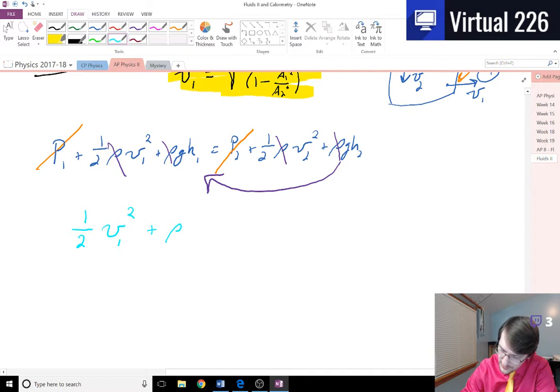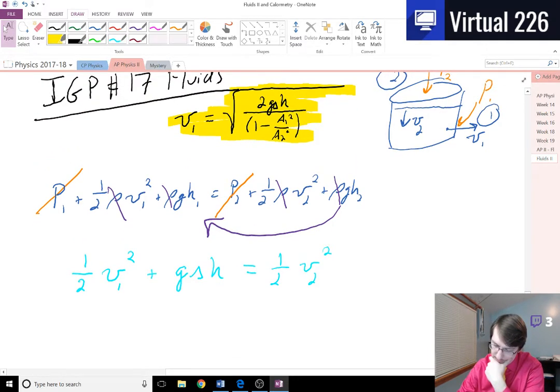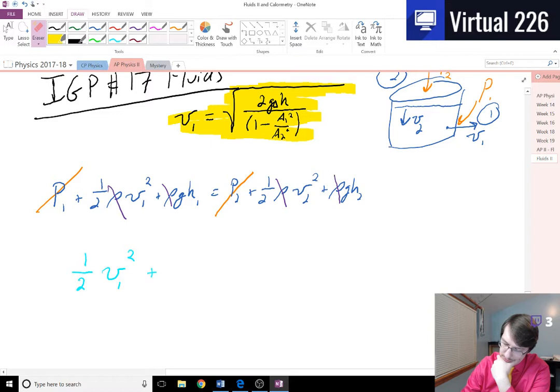Plus G delta H equals 1/2 V2 squared. Okay, so that cleaned that up a little bit. Oh, you know what? No, we want the V1s. Cheese and crackers. It's one of those days, right? You do a billion of these and you start going insane.